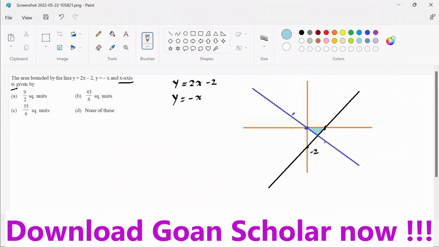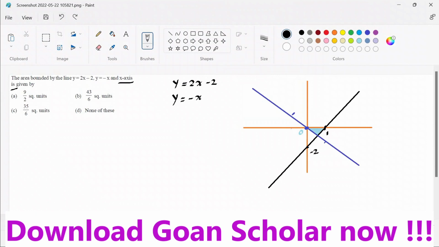To figure it out, we have to check how our x values are going. x is over here 0 and x over here is 1. If we integrate from 0 to 1 this black line, this will give us this complete area. But we don't want that area, right? So what will we do?